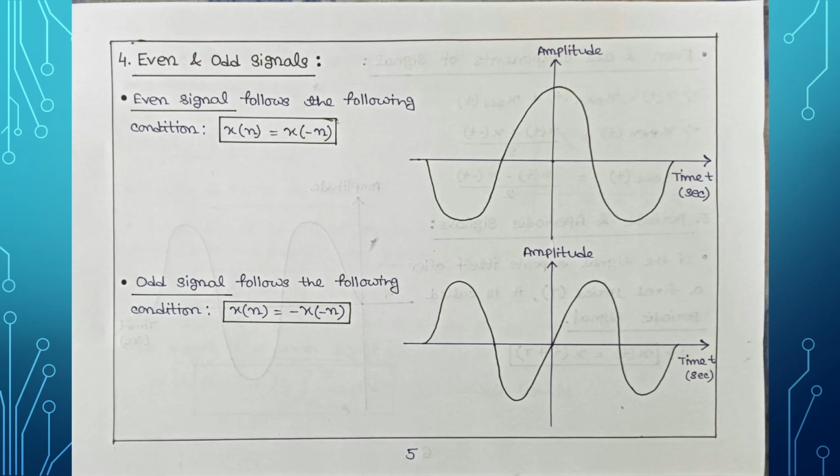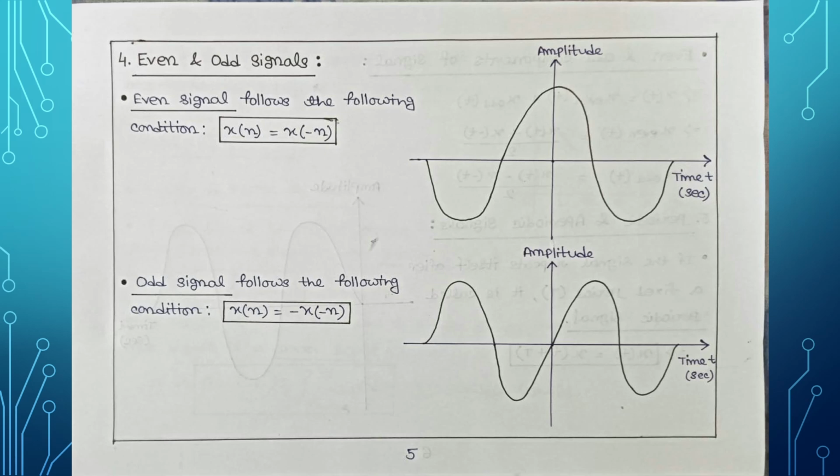After that, I am going to talk about the fourth classification, which is even and odd signals. If you flip the signal and it is equal to the actual signal, then we can say the given signal is an even signal.